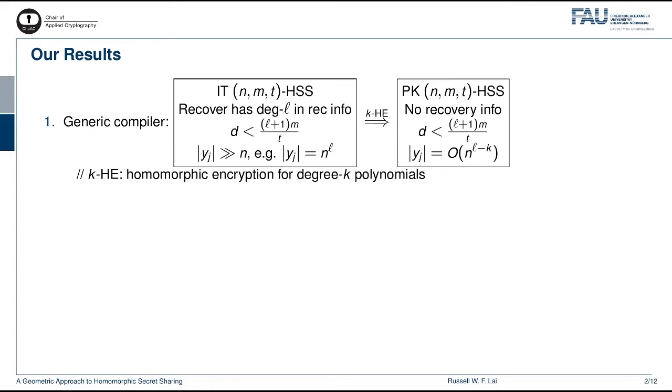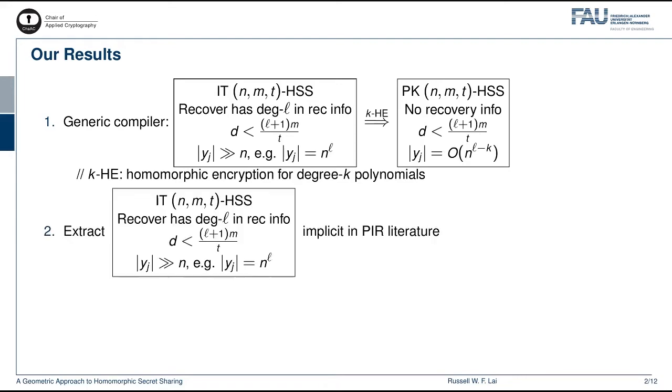However, the IT HSS scheme that we start with could have much larger output share, for example of size n to the power L, compared to that of the resulting PKHSS scheme, which is only of size n to the power L minus k. As our second result, we extract a family of IT HSS schemes which were implicit in the private information retrieval literature.